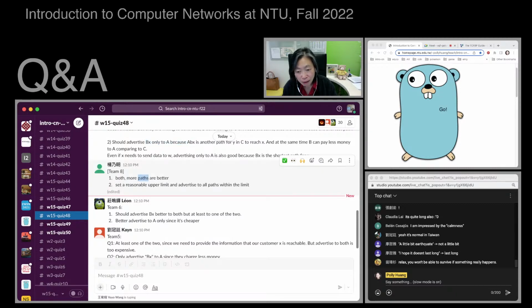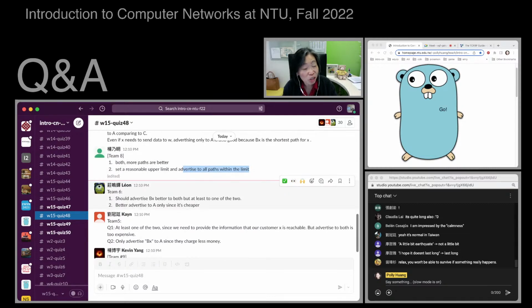Okay, so team A is saying both when they are charging you equally. Interesting. Set a reasonable upper limit and advertise to all paths within the limit. So I think it's kind of a load balancing way. You advertise both paths, but you somehow limit the rate of traffic coming in and out.